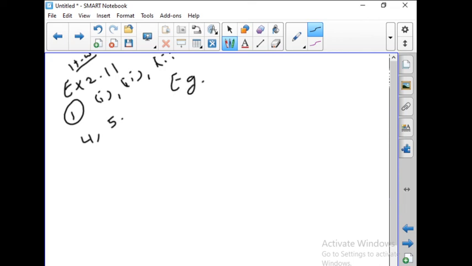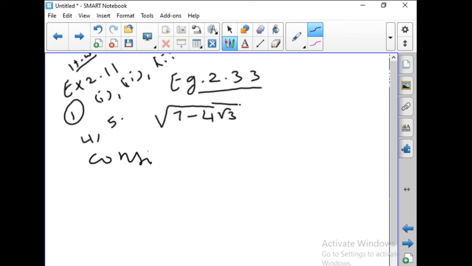Example 2.33. Find the square root of 7 minus 4 root 3. Okay, we have to find the square root of this. So to find this, consider 7 minus 4 root 3. So here we are having root 3.